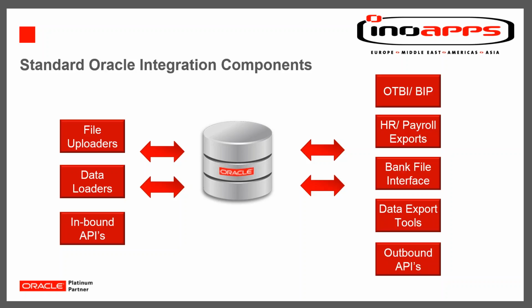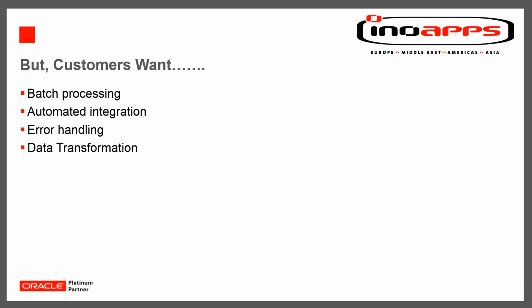Likewise, bank files, because every organisation needs to send files to and from the bank, data export tools and outbound APIs. So the conclusion is, there are many very powerful tools within the standard Oracle Fusion Cloud solutions that allow data to be loaded and extracted from your ERP application, driven by end user communities.